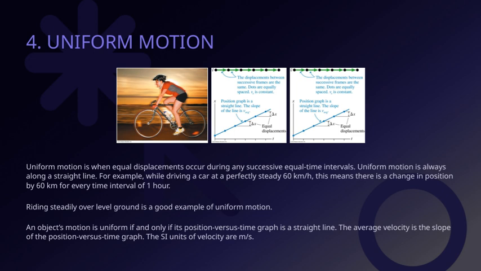So, if you move 10 meters in 1 second, you'll move another 10 meters in the next second, and so on. And of course, uniform motion always occurs along a straight line. For example, if you're driving a car at a perfect, steady 60 km/h, that means your position changes by 60 kilometers every hour. It's a clear illustration of uniform motion in everyday life.